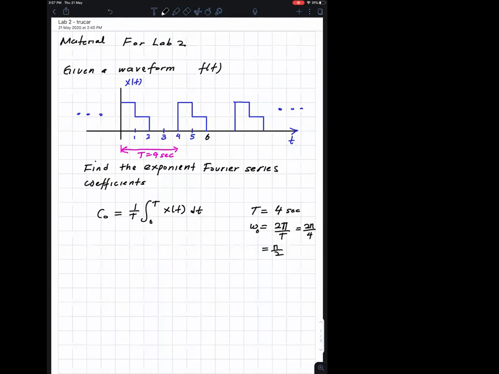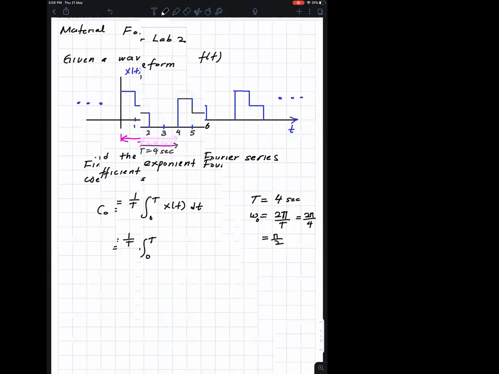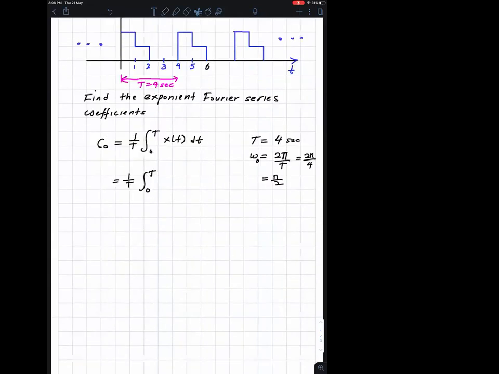Omega naught. For DC, 1 over T, 0 to T. So we don't need the frequency for DC, we just need the period.